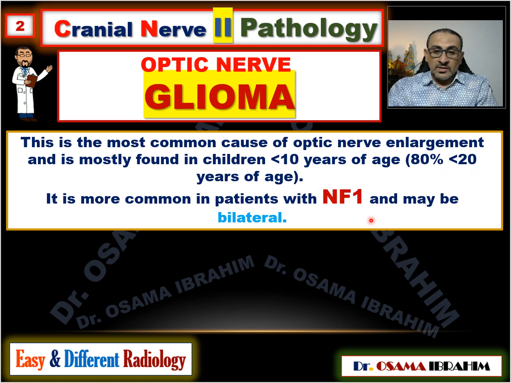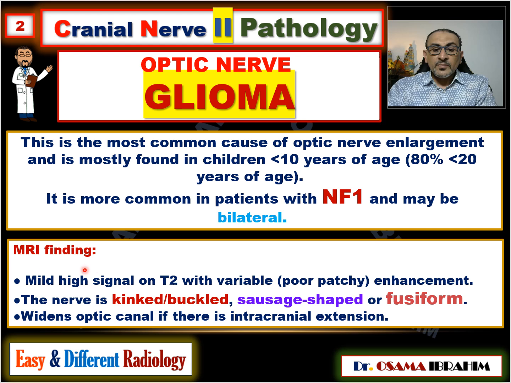Neurofibromatosis type 1 is associated with optic nerve glioma, and if you face an optic nerve glioma, you should exclude the possibility of neurofibromatosis by screening the patient for other abnormalities related to NF1. I will make another presentation differentiating NF1 and NF2 later, after I finish the set of the cranial nerves.